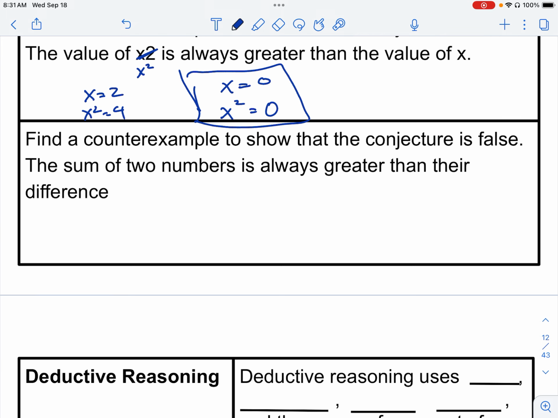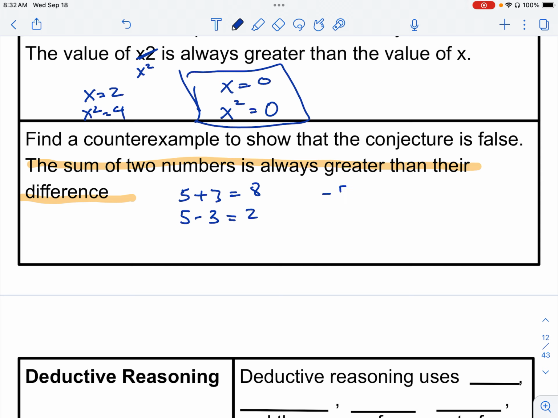Find a counterexample to show the conjecture is false. All right, here's our conjecture: the sum of two numbers is always greater than their difference. All right, so if I take 5 plus 3 equals 8, and then 5 minus 3 equals 2, that's what my conjecture is telling me.